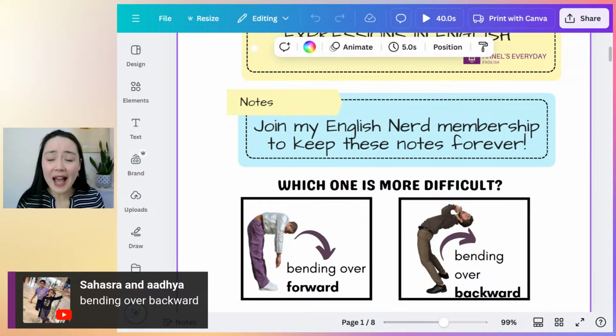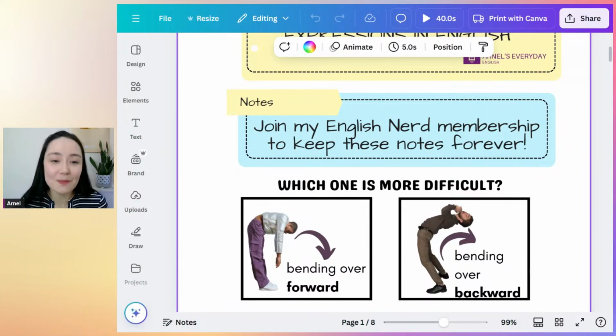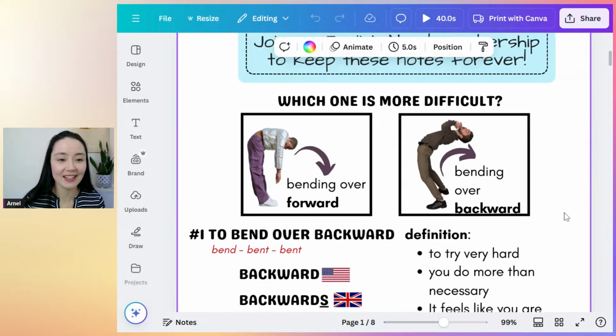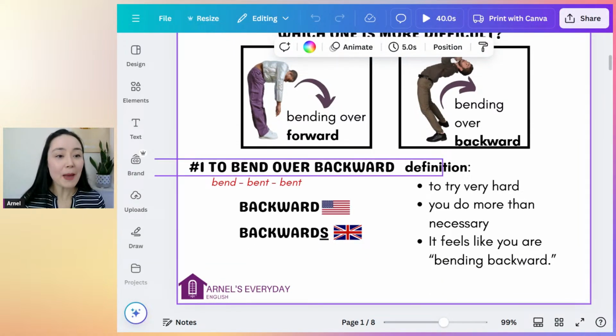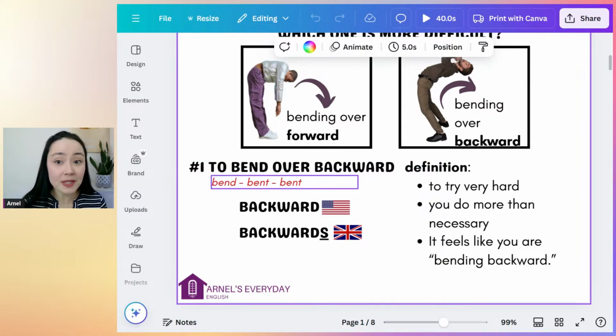Sahasra, bending over backward, absolutely, that's a lot more difficult. So why am I asking you this question? Why is this question important? Well, it takes me to our first expression. Expression number 1, to bend over backward. Look at the verb forms here. Bend, bent, bent. Past participle.